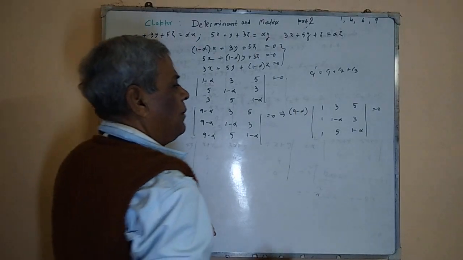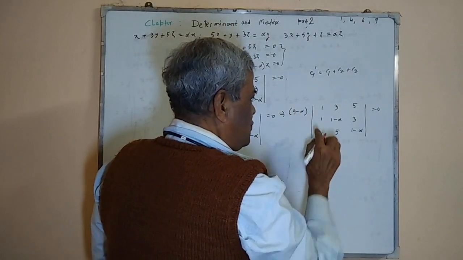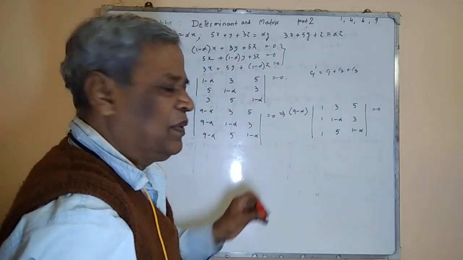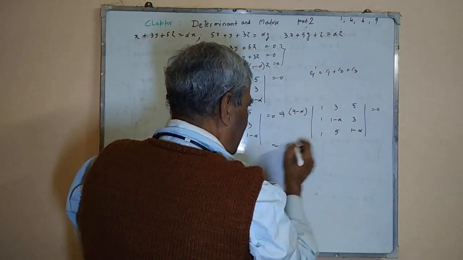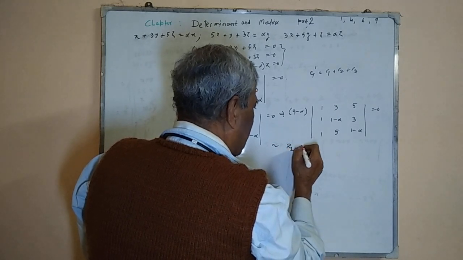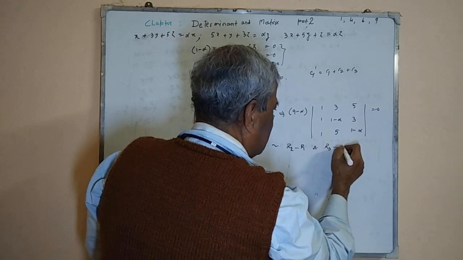Now, making these two elements 0, we can very easily calculate the value of the determinant. That's why we operate R2 minus R1 and R3 minus R1.